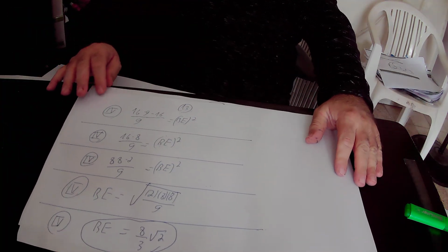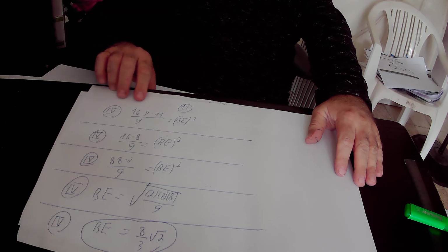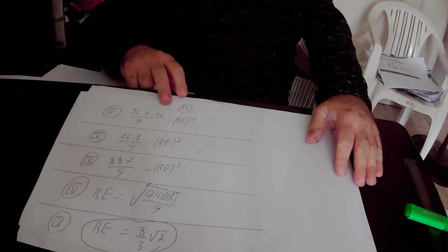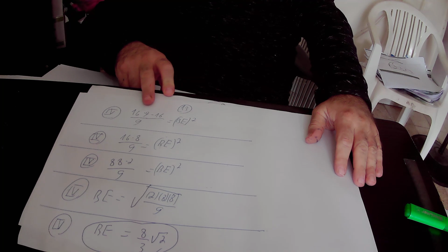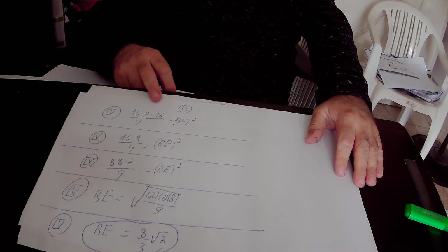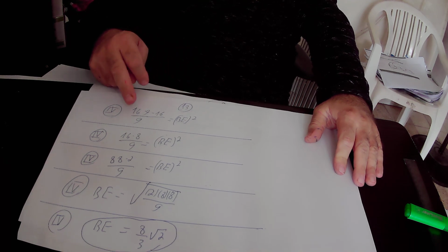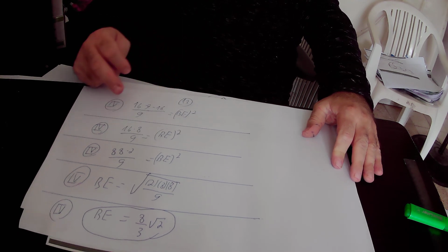So here we multiplied 16 by 9 and divided by 9 in order to have a common denominator with this expression. So in total we got that 16 times 9 minus 16, over 9, equals BE square. 16 times 9 minus 16 is 16 times 8. So 16 times 8 over 9 equals BE square.